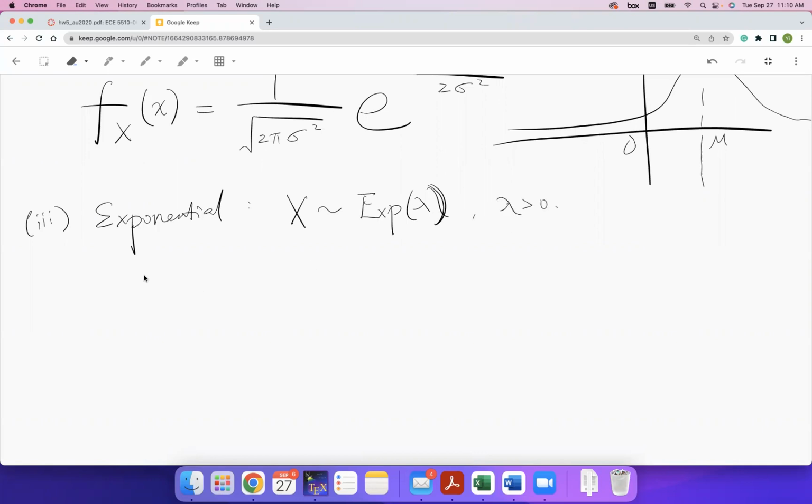In this case, the PDF is defined as such an exponential distribution when x is positive.